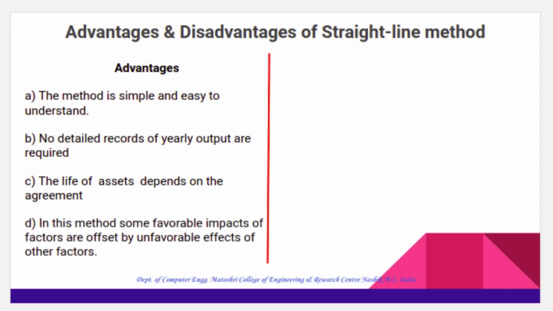The next advantage is that this method is most useful since it assumes that favorable impacts of some factors are offset by unfavorable effects of some other factors. So these are the certain advantages.